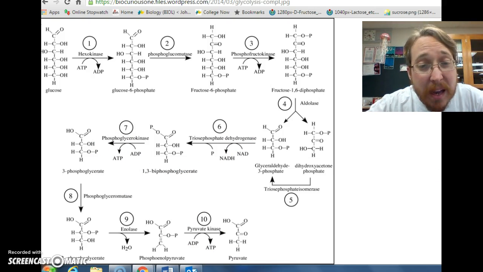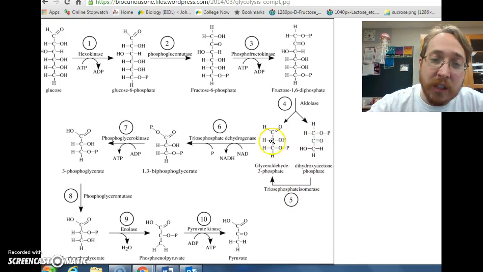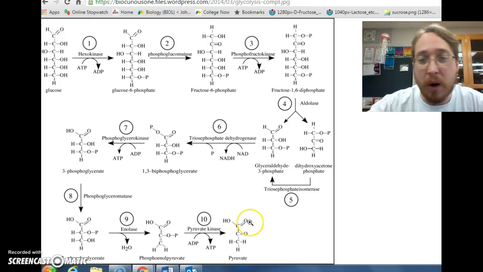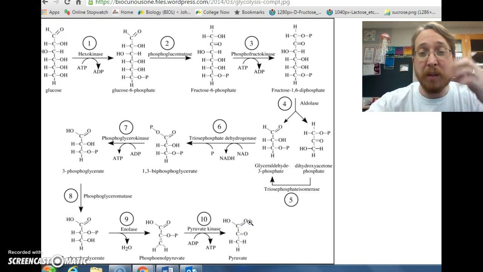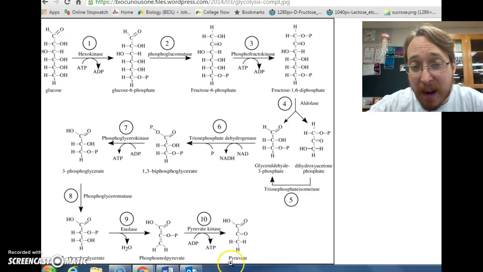But actually, it looks like we get 2 ATP back, but we actually get 4 because we have these two parts. So this guy will go through and get 2 ATP, and then this guy will convert itself into this, and it'll get 2 more ATP. So we use 2, we make 4, so we get 2 ATP out of this. And we get 2 pyruvate out of this.